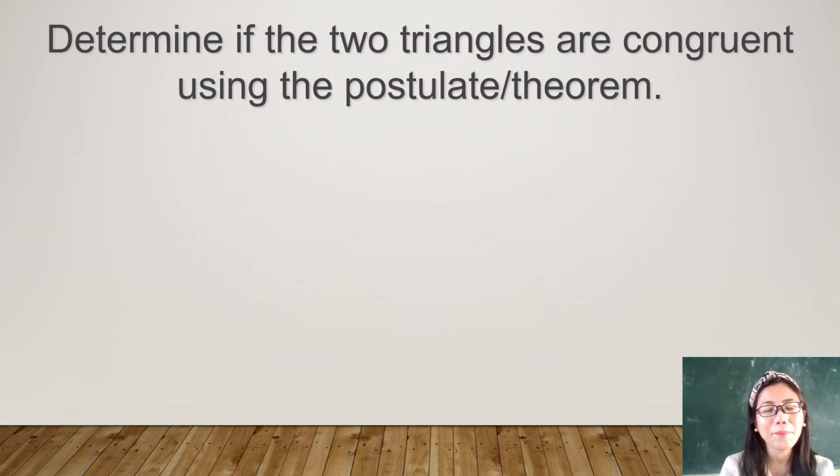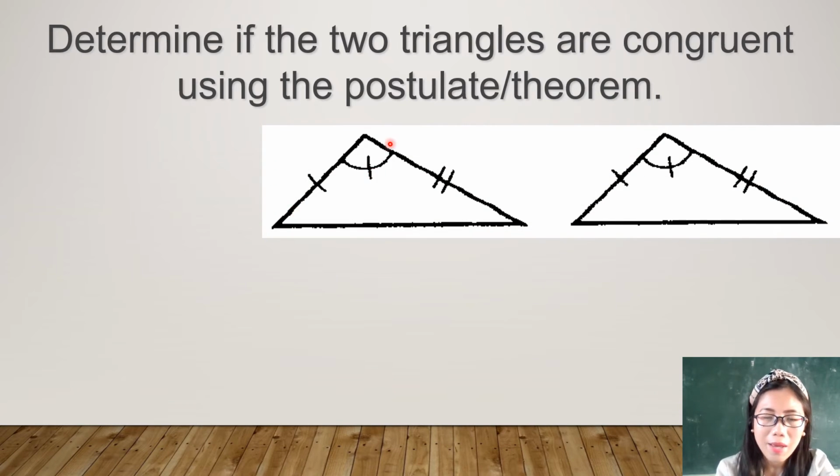Now let's have examples on how to determine if two triangles are congruent using the given postulate or theorem. Example number 1. I'm using the red highlight, or the pointer.